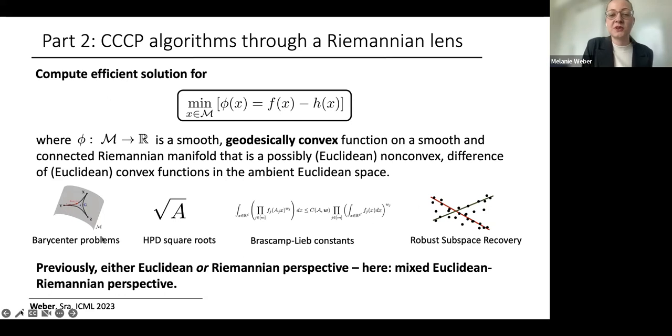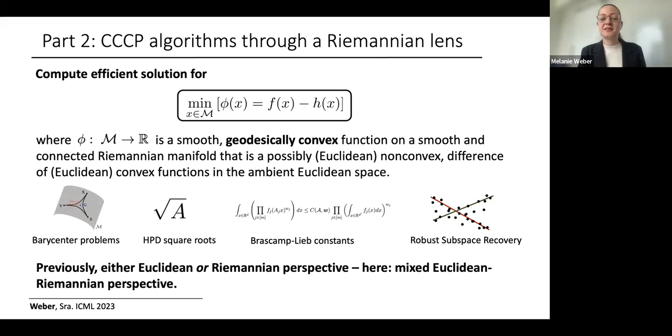There's a lot of work on developing Euclidean algorithms for solving those problems, taking into account that they are non-convex. Those Euclidean algorithms, including the one that we will analyze here, are empirically very strong and very competitive. But due to the Euclidean non-convexity, they are typically pretty hard to analyze.